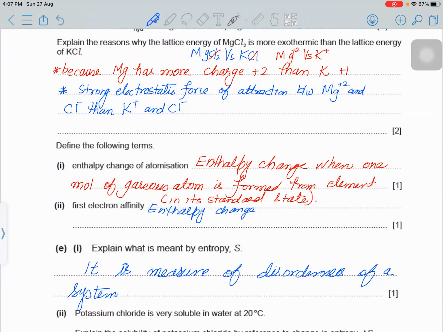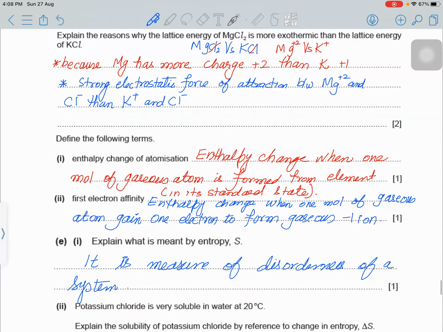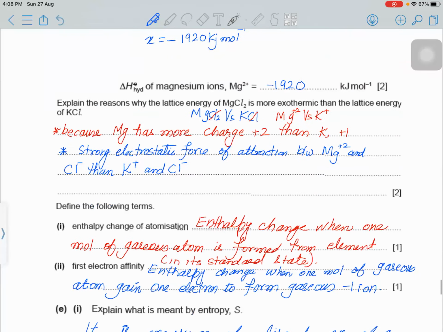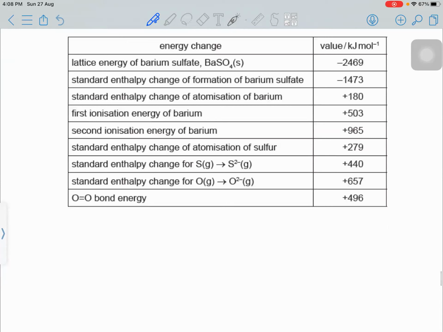Enthalpy change when 1 mole of gaseous atoms gains 1 electron to form a gaseous -1 ion. Okay.